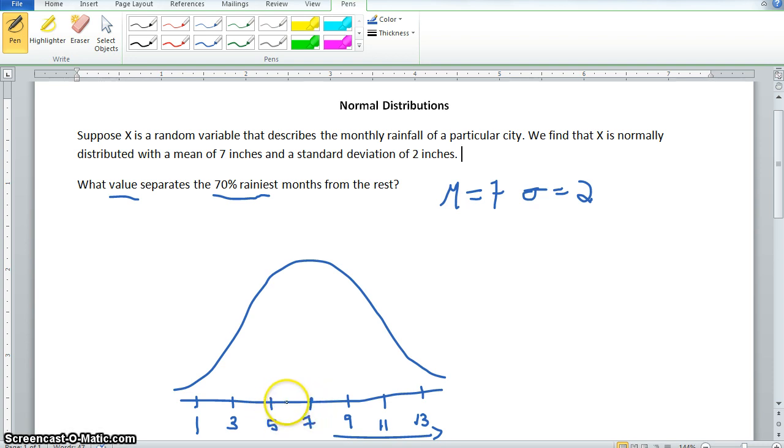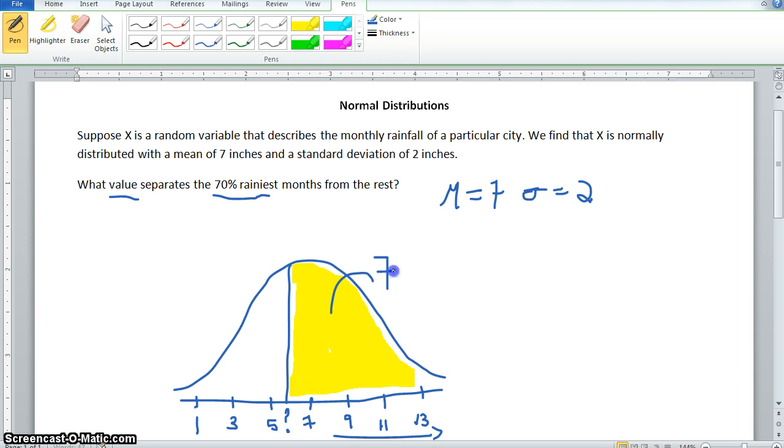So we're going to think that about 70% above will be right around here. This is just an estimate, so it doesn't have to be exact because we're going to calculate the exact value. Essentially we're looking for this area because this would be the top 70%, the rainiest months, and we want to find this value. What value is here? That's our question.